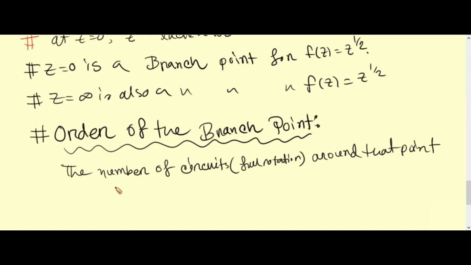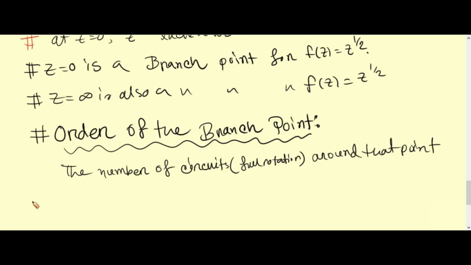So this means if you have a point and you are revolving around it and you are getting different values each time, but let's say you get the first value again after two circuits, just as we saw in the example of square root over z: if you make one circuit you get some minus value, and if you make another circuit you return to the original value. So let me just write it down again.